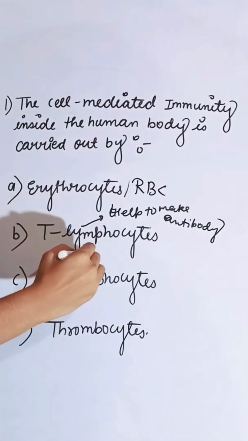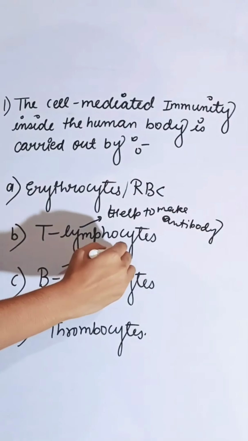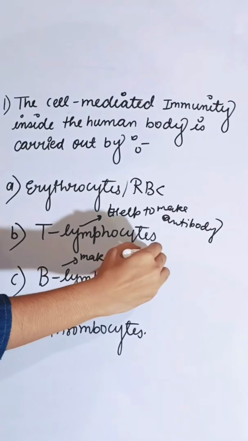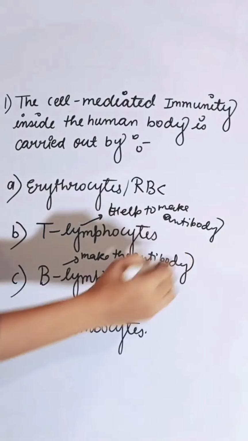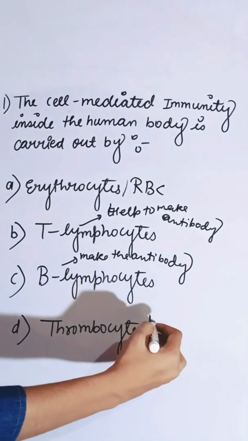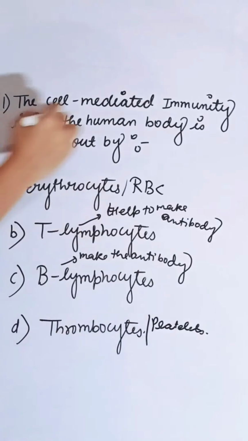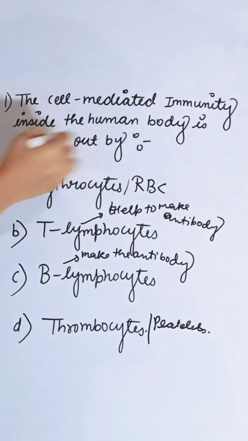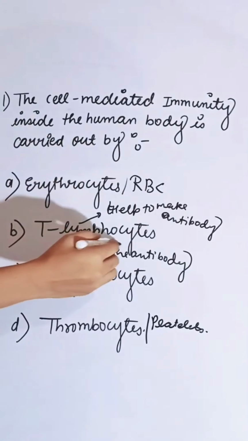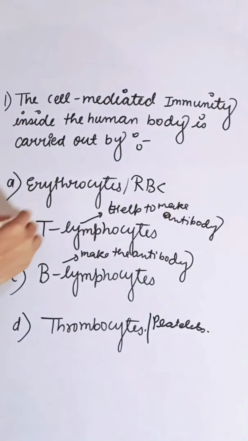B lymphocyte makes the antibody. Thrombocyte is also known as platelets. The cell-mediated immunity inside the human body is carried out by the T lymphocyte. So correct answer is B.